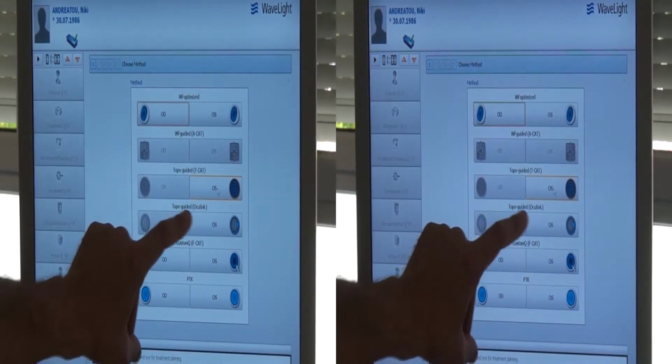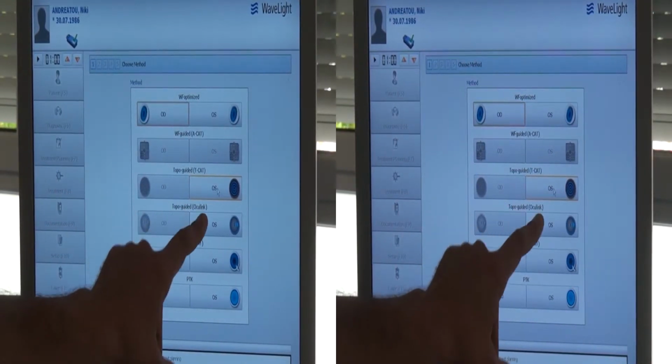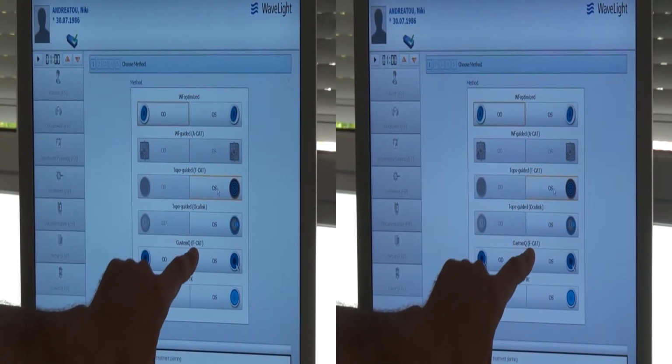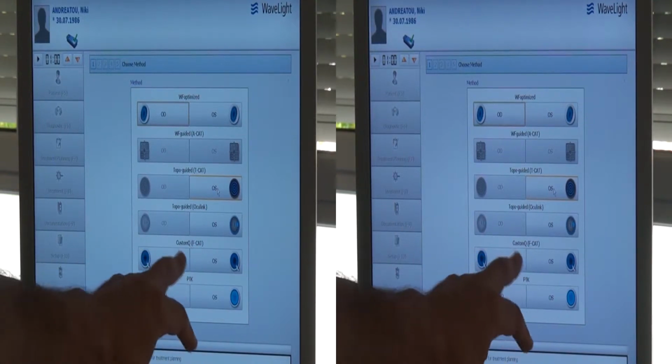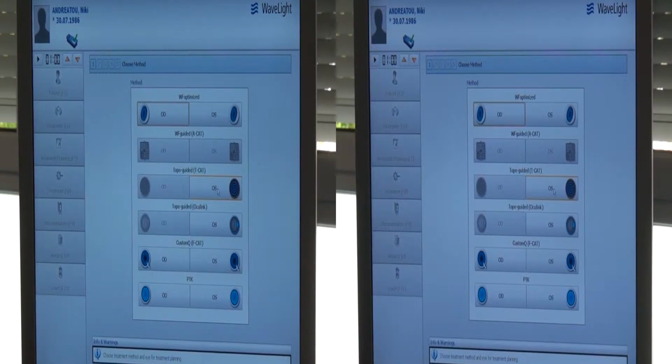We have the topo-guided Oculink, which is the pentacam-driven topo-guided. And then we have the custom Q. This is basically a wavefront optimized that we can further manipulate the asphericity. So we can manually increase the possibility of having an aspheric cornea after the treatment.